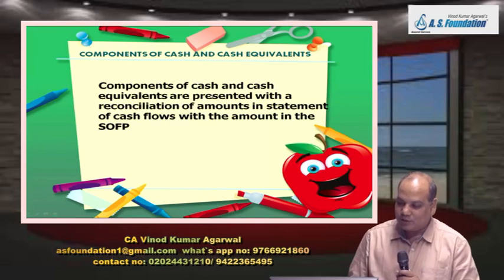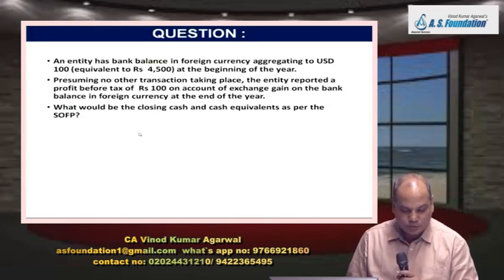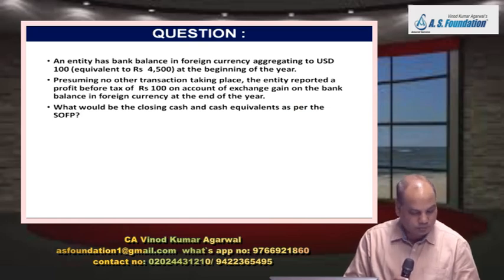Then you will write whatever items of SOFP you have taken in cash equivalent. If there is a difference between cash flow closing balance and SOFP closing balance, then you will give a reconciliation. So on this we will take a small example which is printed in your notes also.